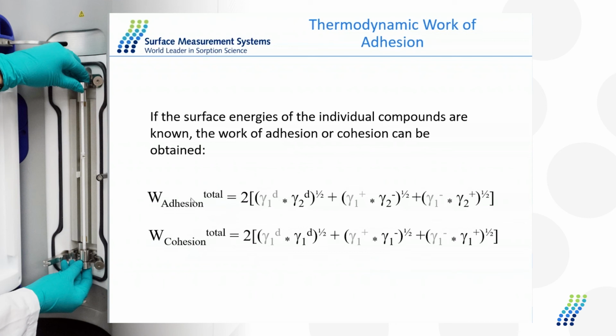And then it's that ratio or that balance of forces. Ideally, if you want a uniform blend, you would want the work of cohesion to be close to the work of adhesion, because vice versa, if the material itself is very high surface energy, the cohesive forces will be quite strong, and those powders will tend to agglomerate and stick together rather than being dispersed evenly within a powder blend.